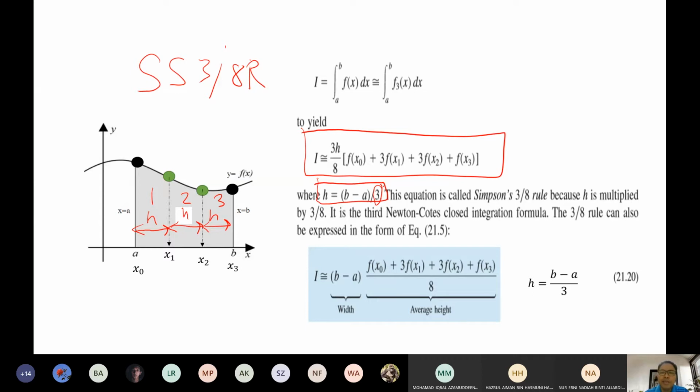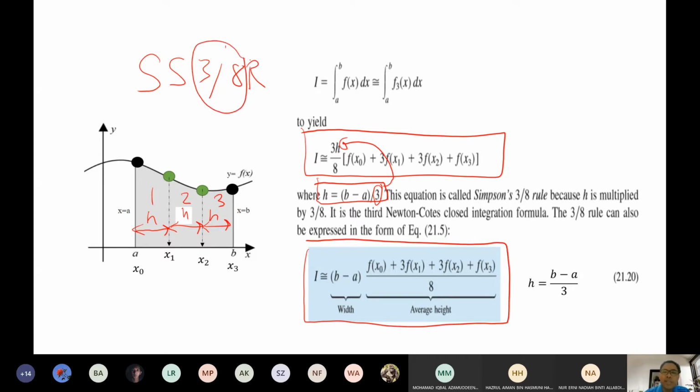If you substitute your h here with (b minus a) over 3, then you can have this formula to compute the area. So why does the method have this 3/8? Because in this formula, you have a 3/8 coefficient in front, so that's why the formula gets its name from this coefficient.